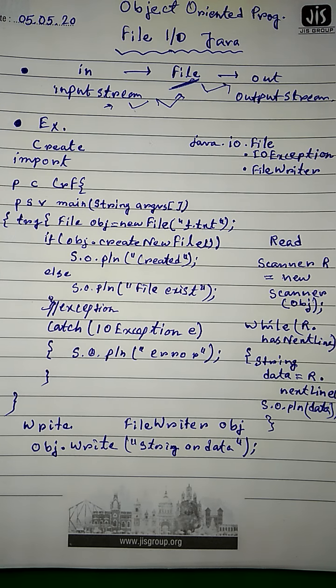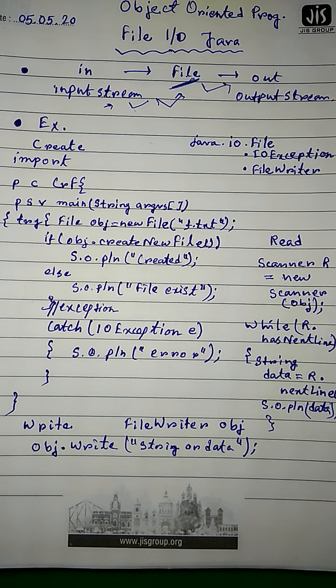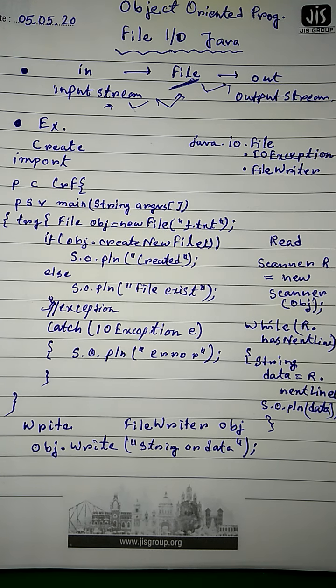Though there are many classes related to character streams, the most frequently used classes are FileReader and FileWriter. Internally, FileReader uses FileInputStream and FileWriter uses FileOutputStream. But the major difference is that FileReader reads 2 bytes at a time, and FileWriter writes 2 bytes at a time.